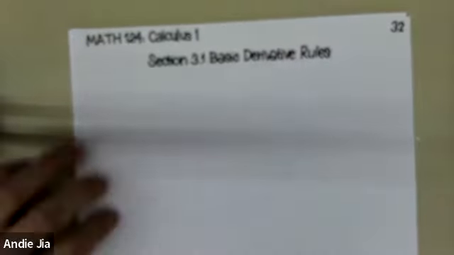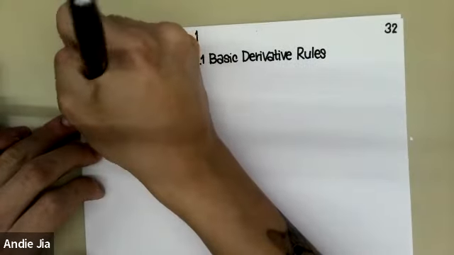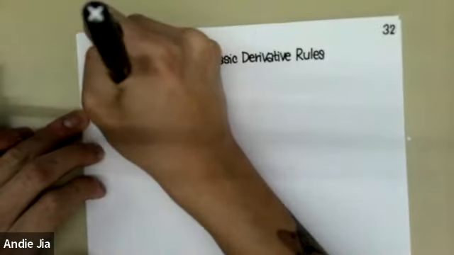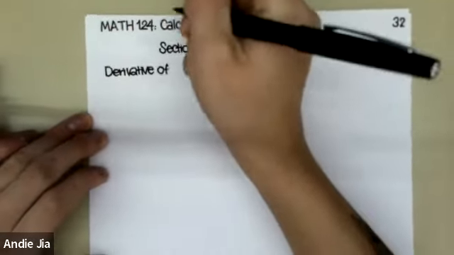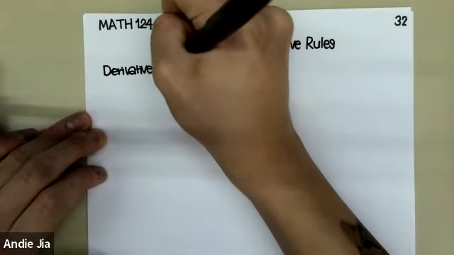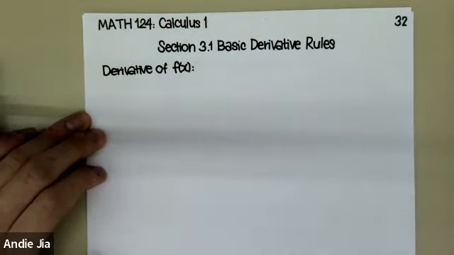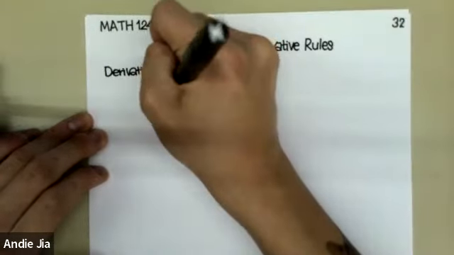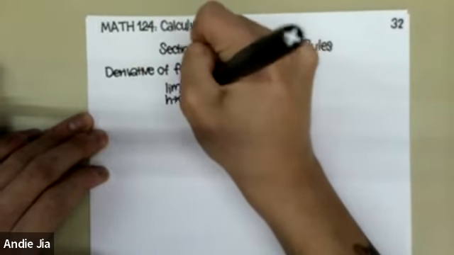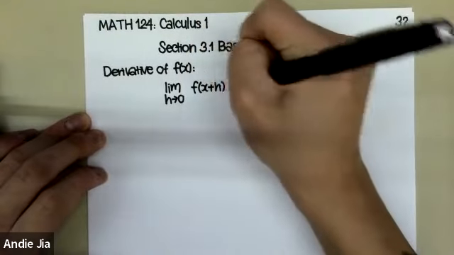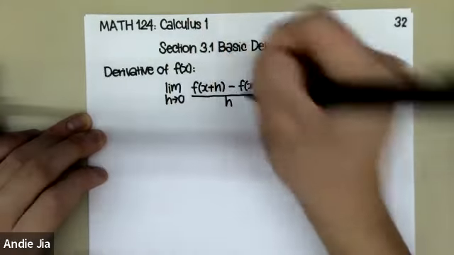The derivative of a function, perhaps f of x, according to our definition, can be obtained by a limit, so it's like this.